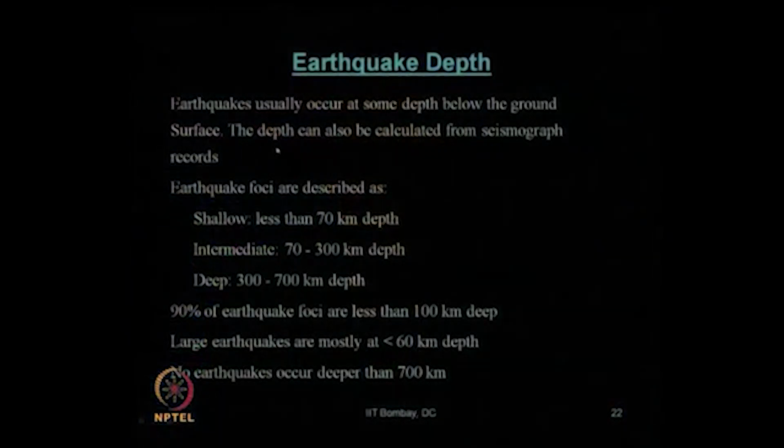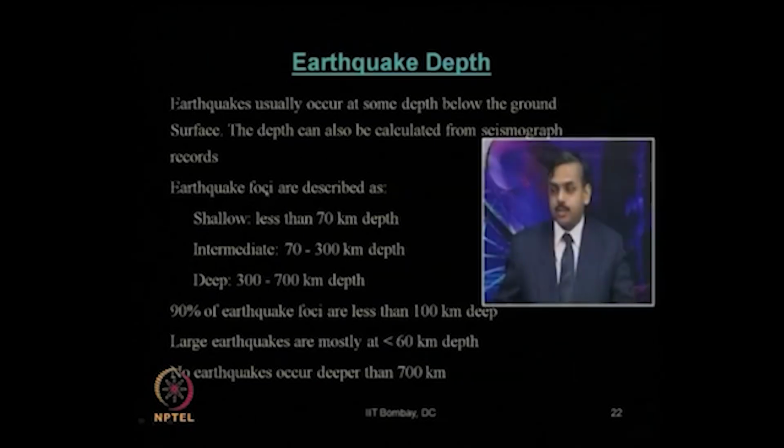So it has to occur at some particular depth below the ground surface. It cannot occur at the ground level mostly. The depth can also be calculated from these seismograph records, there are ways to calculate the depth also, and that is the earthquake focus or the foci, there are many foci.